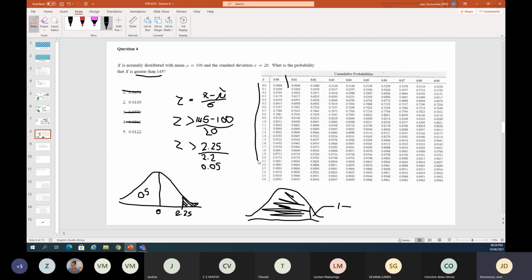Where those meet, we have our value. That is the value we need to subtract from 1, because we want the small area. So that is 1 minus 0.9878, which is 0.0122.